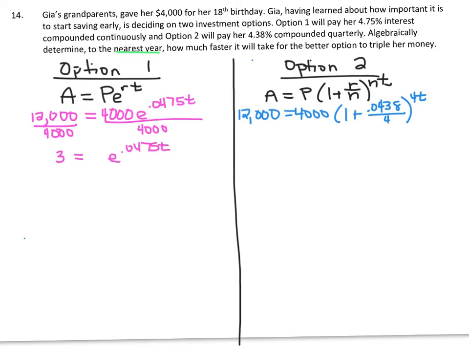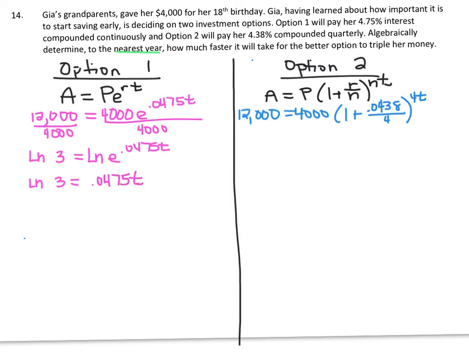All right, now to get rid of an e, we put an ln in front of it. And if we do that to the right-hand side of the equation, we also have to do that to the left. All right, so I'm going to bring down the left-hand side of the equation, ln of 3. Now, over here, what happens is when you have ln of e to any power, that's just equal to whatever the power was. So this side of the equation is going to be equal to 0.0475 t.